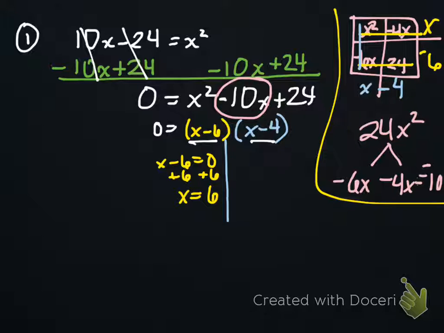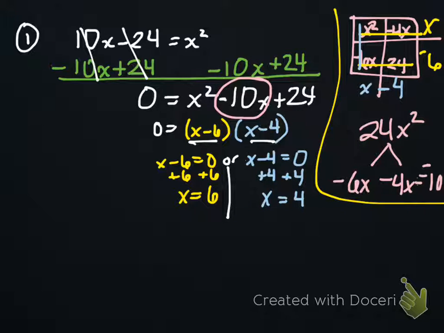Then I'm going to take the other equation, because it could either be there or when x minus 4 equals 0. We don't know which one of those two it is. It's one or the other. And so to solve that equation, I would need to add 4. And so x equals 4.